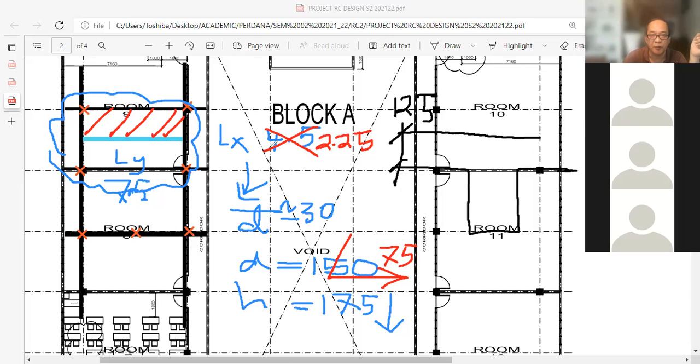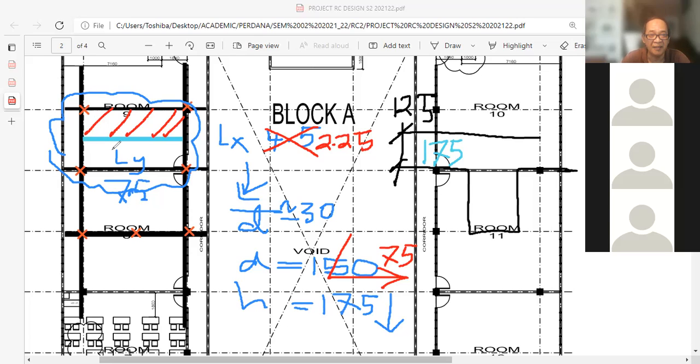Original LX is 4.5, I need a value of 175. Originally, this value is 175. Now, if I insert a secondary beam here, then the slab thickness can be reduced from 175 to 125 mm requirement.